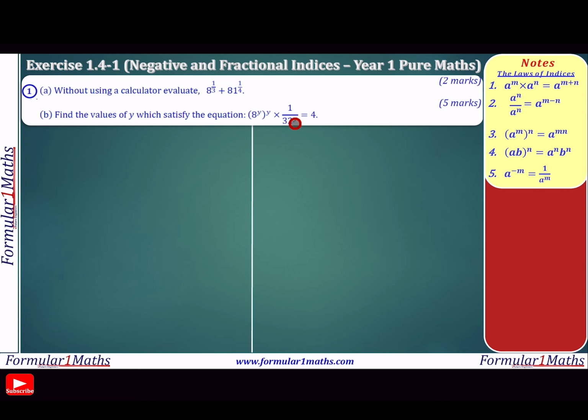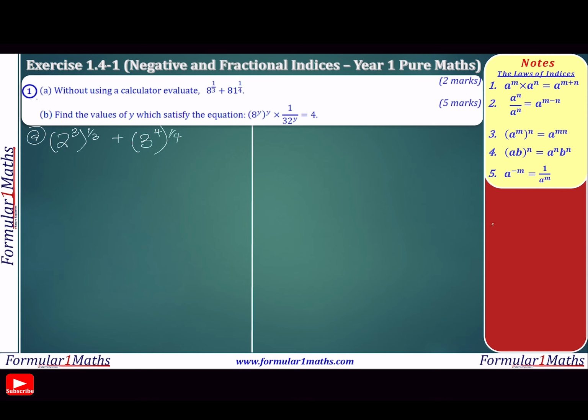For A, 8 can be written as 2 to the power 3, and we raise that to the power 1/3, plus. Similarly, 81 can be written as 3 to the power 4, and we raise that to the power a quarter.